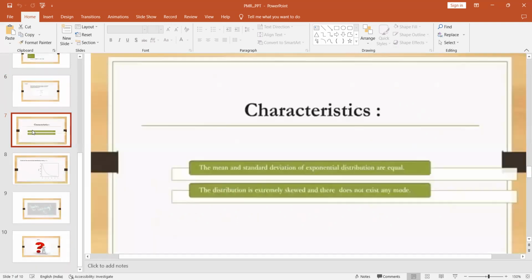Some of the characteristics: the mean and standard deviation of the exponential distribution are equal, and the distribution is extremely skewed.